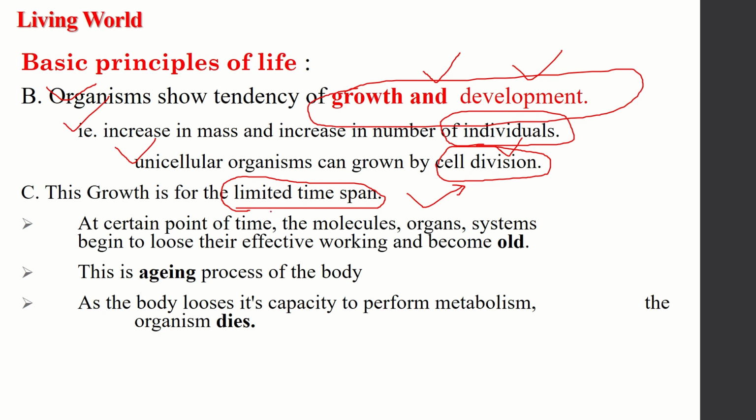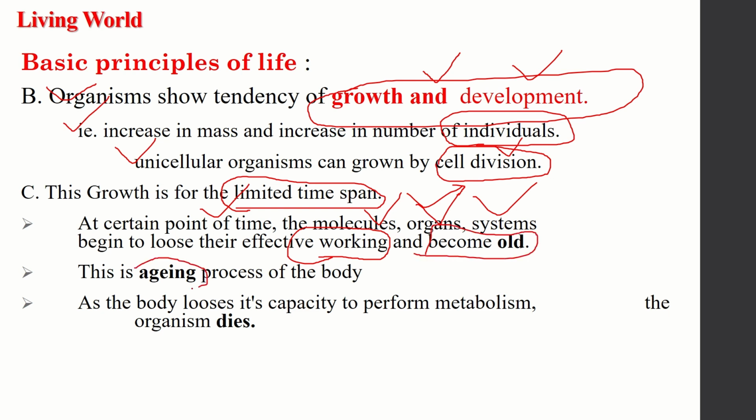At a certain point of time, the molecules or organs or systems of that particular living being can lose their effective working. The working of the systems, organs or molecules can stop at a particular time, and at that point the organism becomes older and older, and that is called aging.